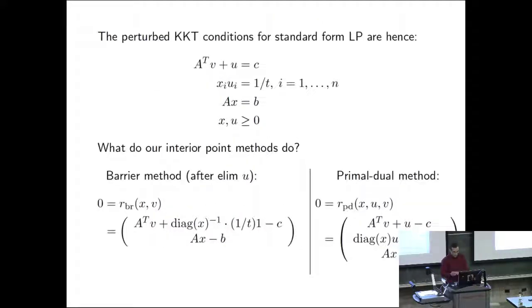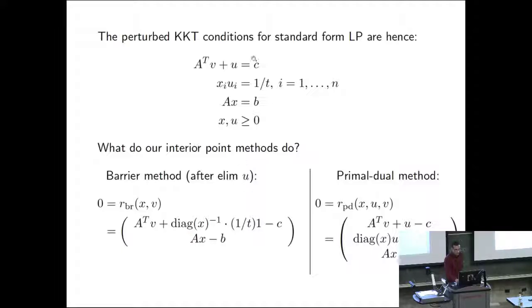So let's now look at the perturbed KKT conditions. For us, h_i of x was actually minus x_i, so the perturbed complementary slackness was x_i u_i equals 1 over t. What do our two different interior point methods that we learned do?